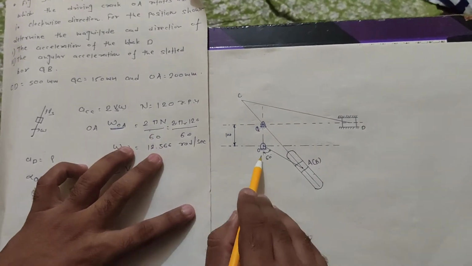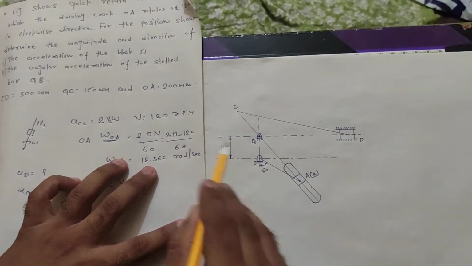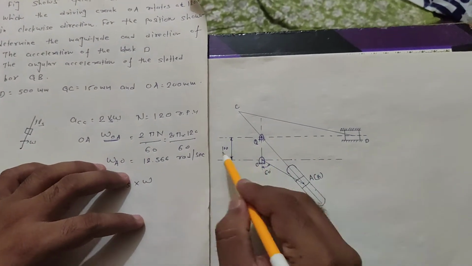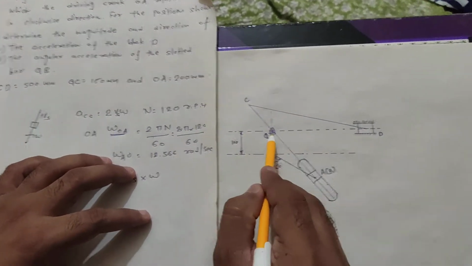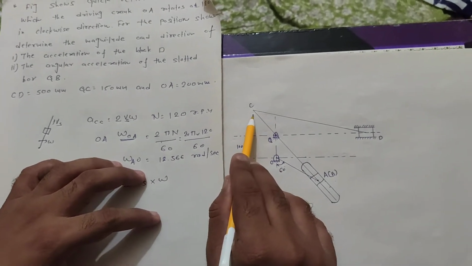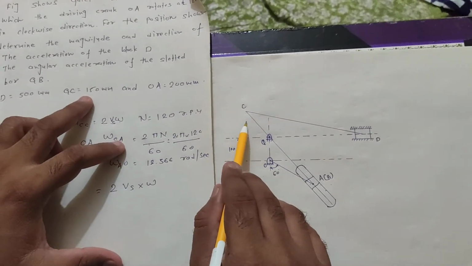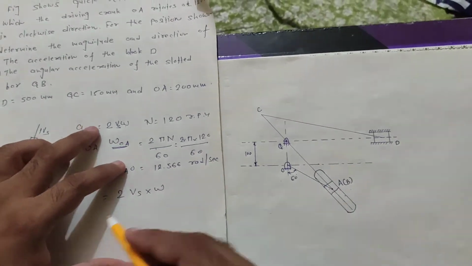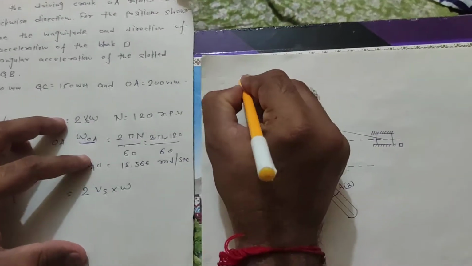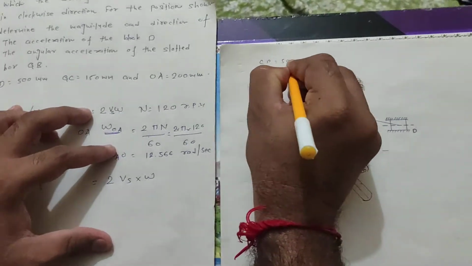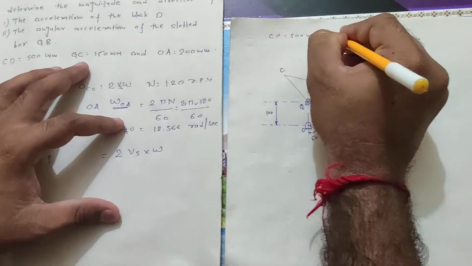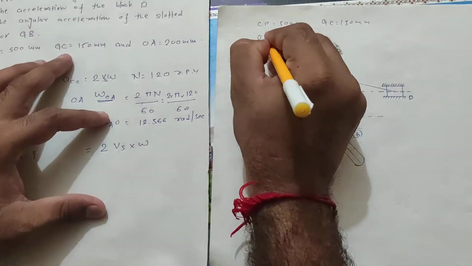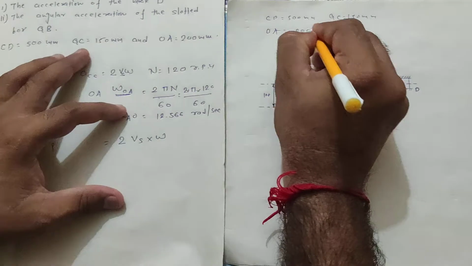This is OA, then QC is given as 150 mm, and CD is 500 mm. Once again I write here that CD is equal to 500 mm, QC is equal to 150 mm, OA is equal to 200 mm.